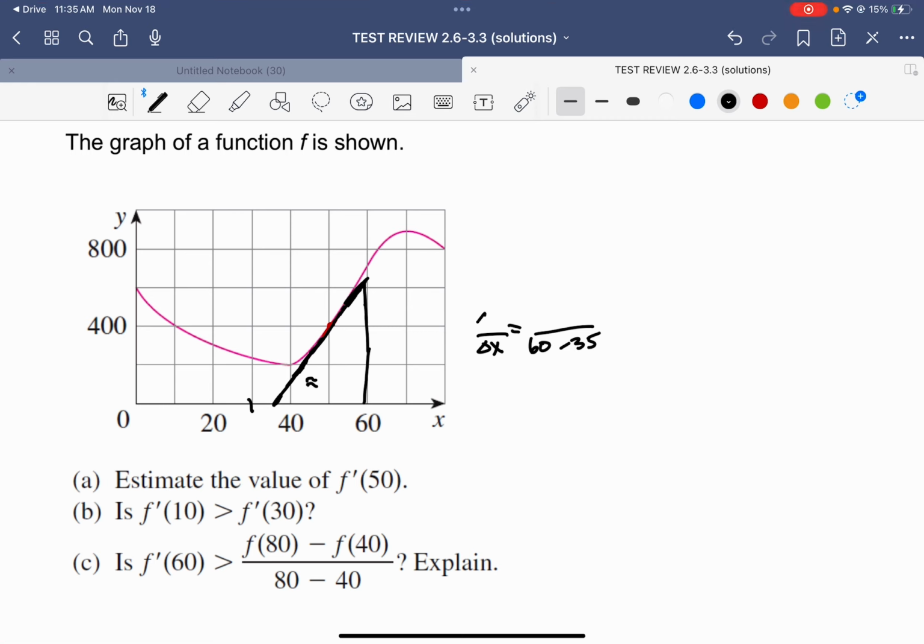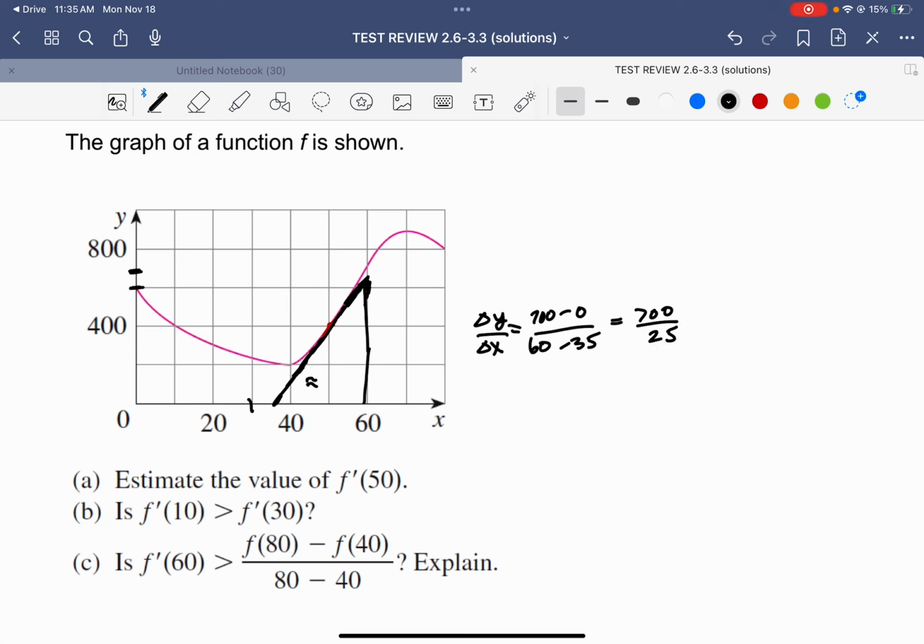And the change in y would be from about here, which is 400, to 600. So that's about 700. About 700 minus 0, or 700 over 25.